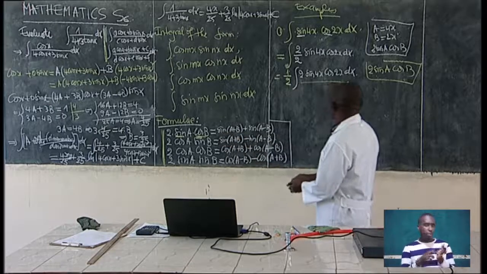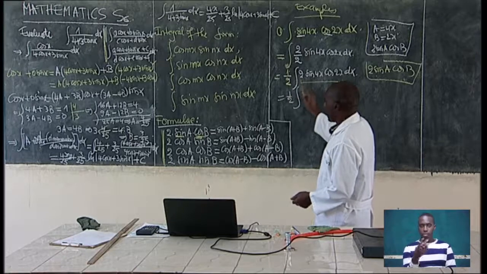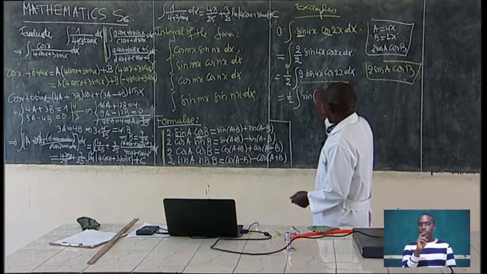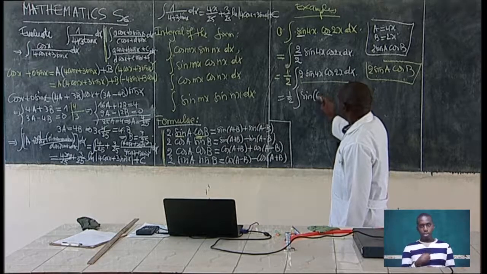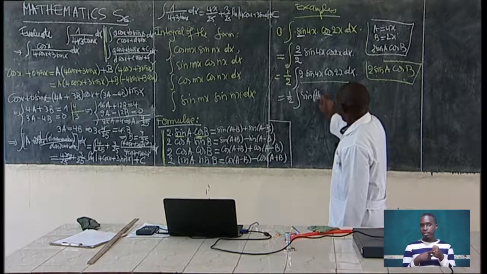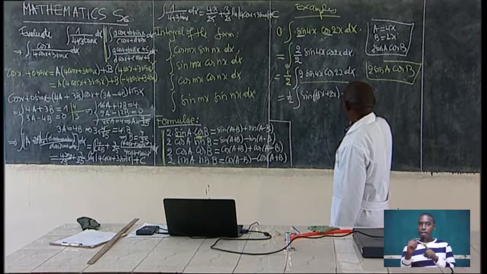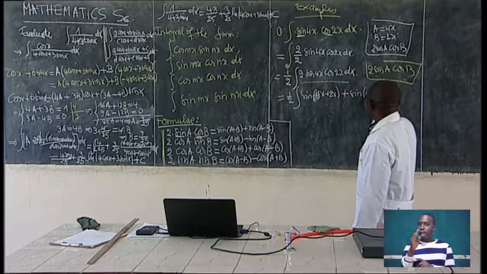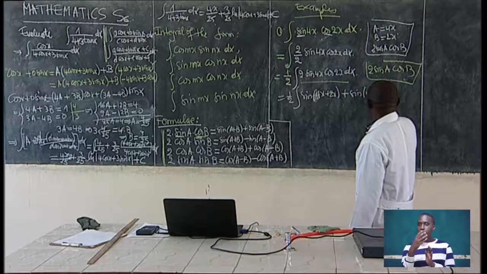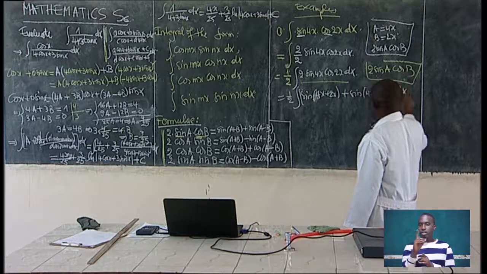This means this is equal to a half integral of sine of A plus B, which for me is 4x plus 2x, then plus sine of A minus B, which means 4x minus 2x, dx.